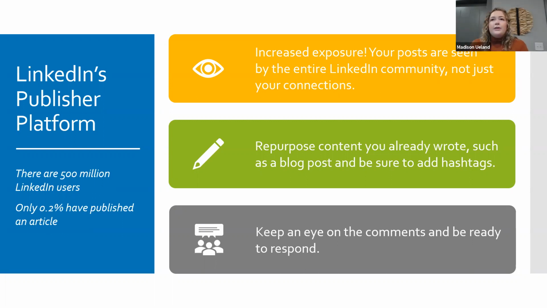So again, utilizing the groups you're in and engaging with other people's content will help show your page. If you have a post that's engaging, you get increased exposure, because you're not just seen by your followers or friends, like on Facebook or Instagram. This is for all of LinkedIn and the communities you're involved in.